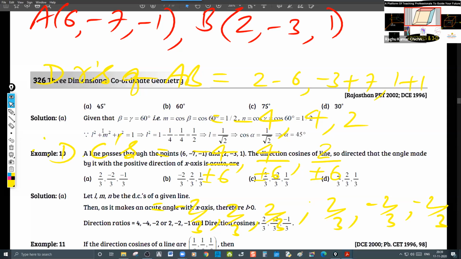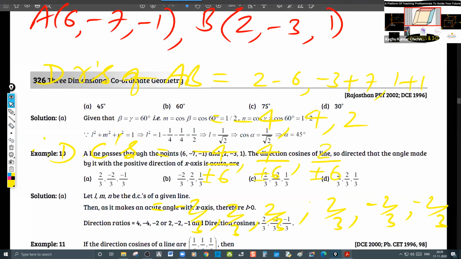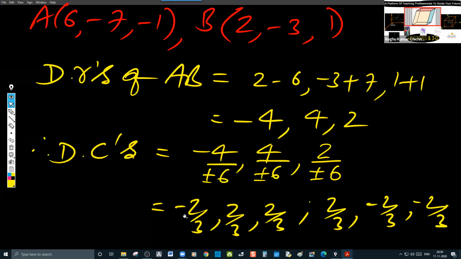What he's saying is, the angle made by it with the positive direction of x-axis is acute. Whether the first set makes an acute angle or the second set does, just tell me that, Praneeth.